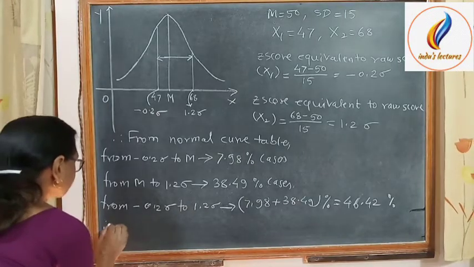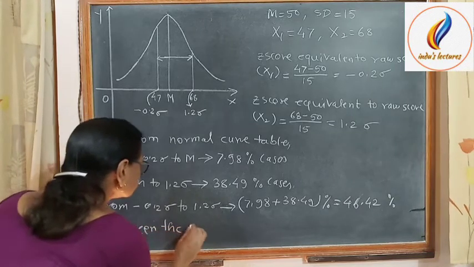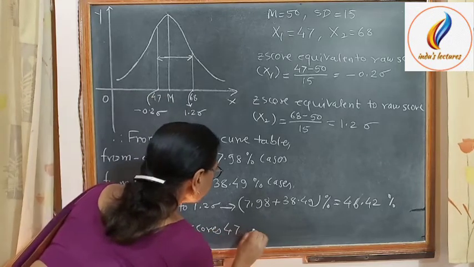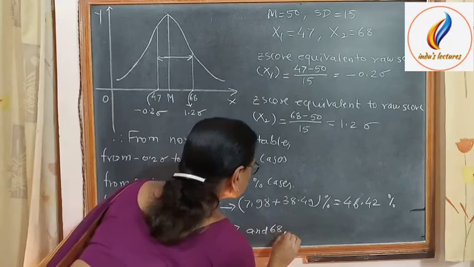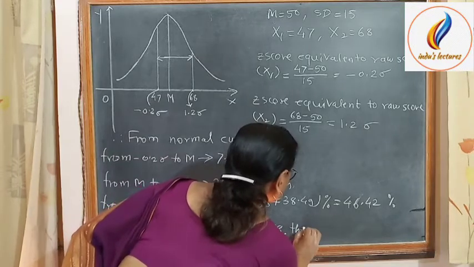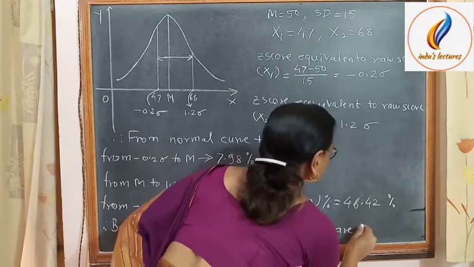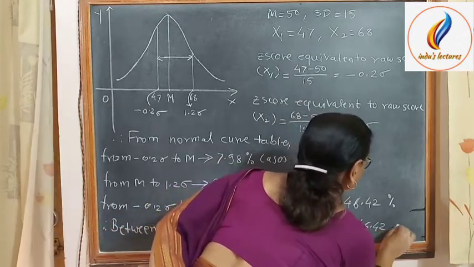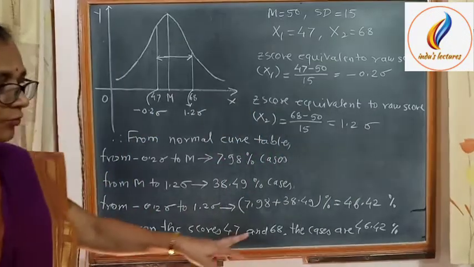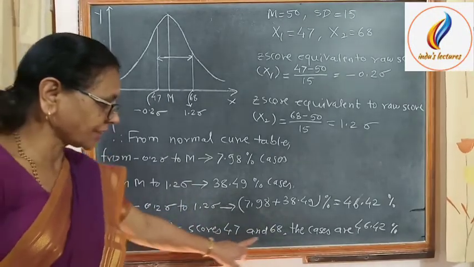That means we say that between the scores 47 and 68, the cases are 46.47%, or we can say that 46.47% cases lie between the score limits 47 and 68.